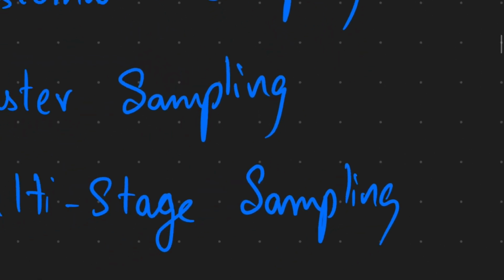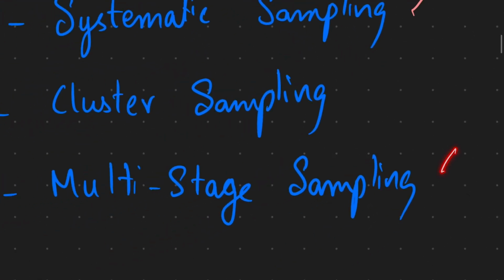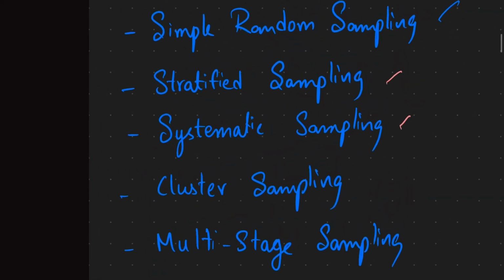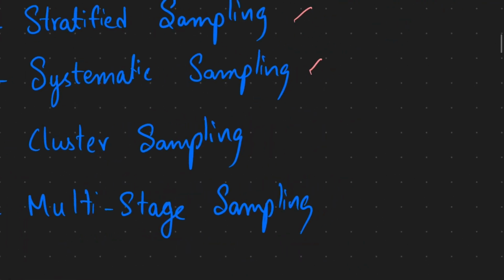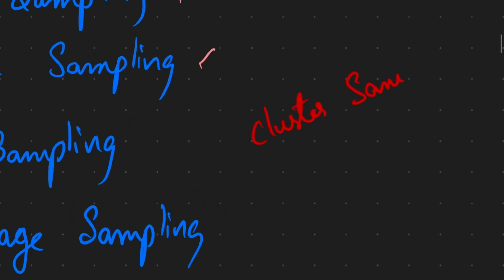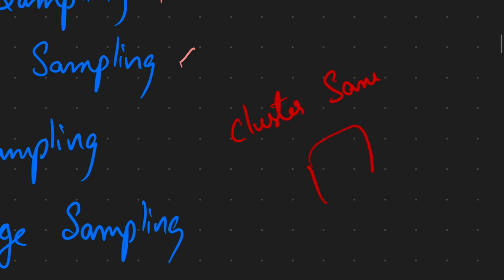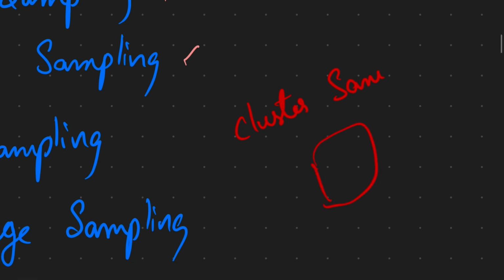Coming to the last one, multi-stage sampling. Multi-stage sampling is an interesting one. It is nothing but a combination of these sampling methods. For instance, I'm just making this up, but there is no particular way of doing multi-stage sampling. First I use cluster sampling. As I said, I just picked Russia, right? So in Russia, I'm doing sampling.